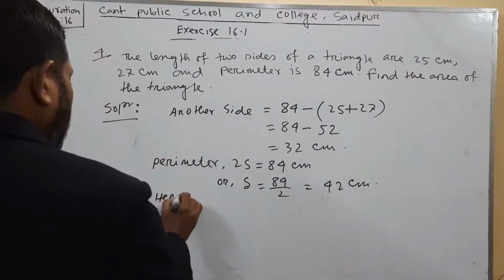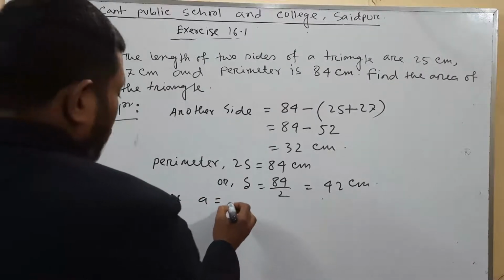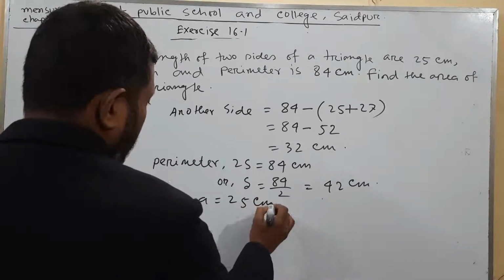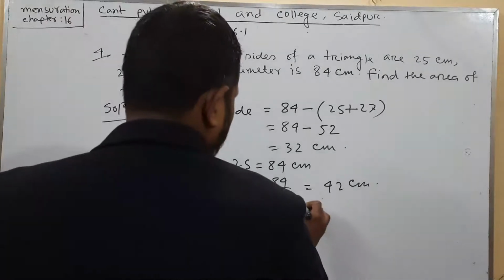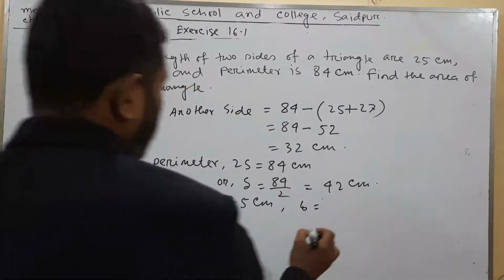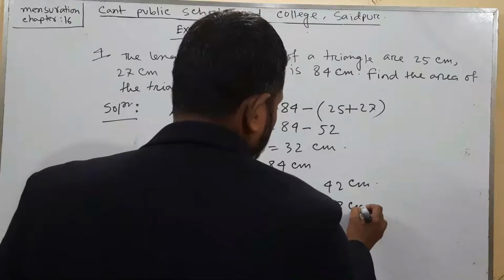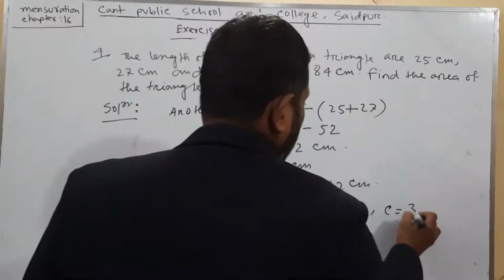Here a is equal to 25 centimeter, b is equal to 27 centimeter, c is 32 centimeter.